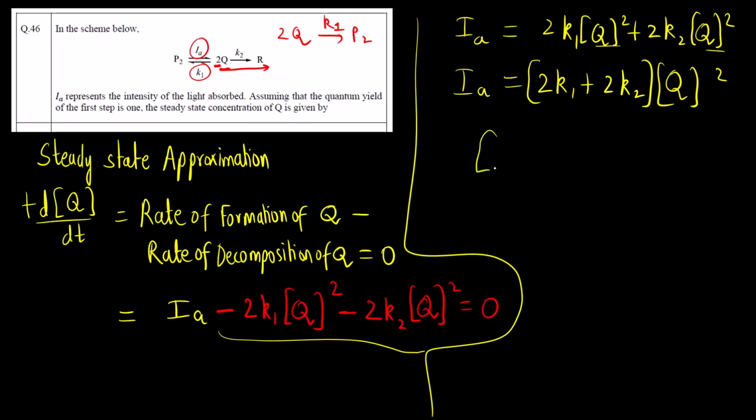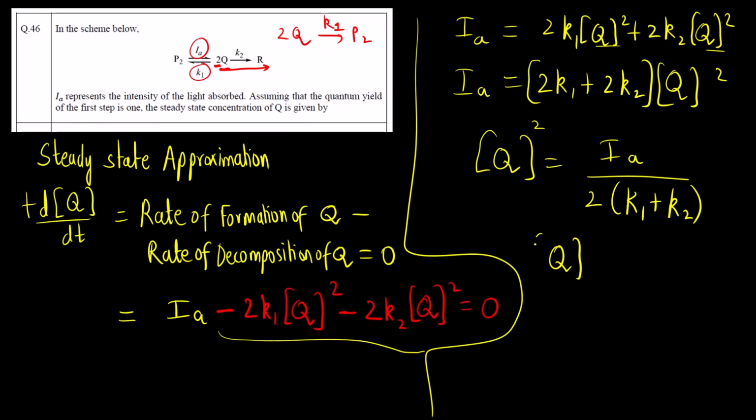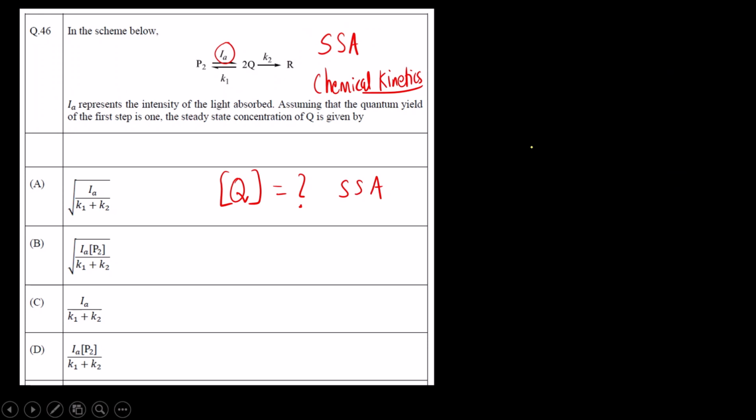So Q square will be IA divided by 2 into K1 plus K2. And what will be Q? Taking square root, we get the value of Q as the root of IA divided by 2 into K1 plus K2. This is the final answer.